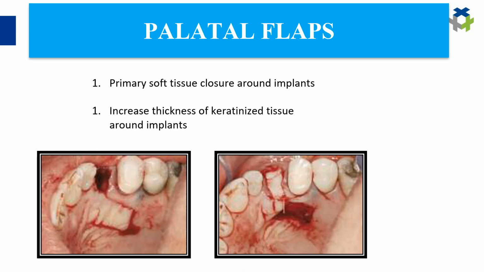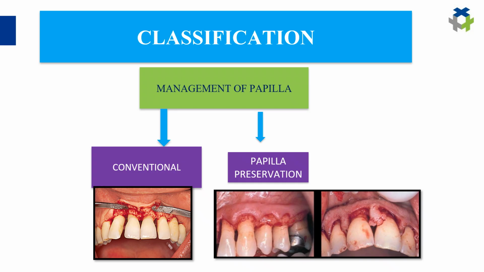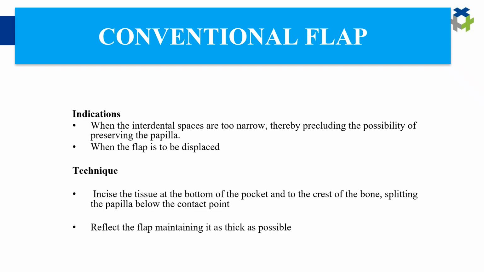Coming on to the palatal flaps. Palatal flaps are used to achieve soft tissue closure around implants and to increase keratinized tissue thickness. Classification, depending on the management of papilla, we can use conventional papilla management or papilla preservation technique depending on the interdental space and aesthetic needs.